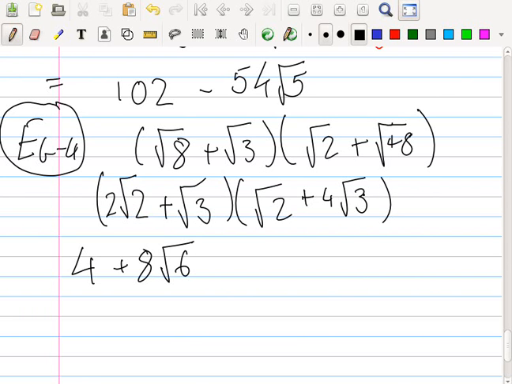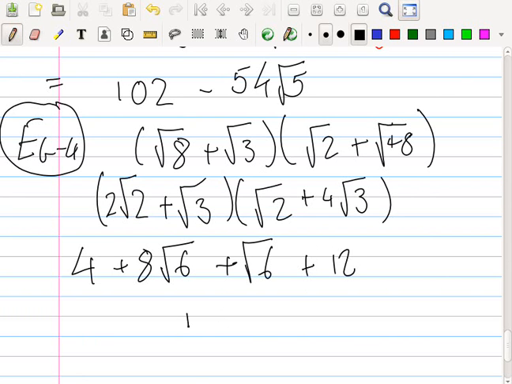You see? If this was a 2 and a 2, then root 2 by root 2 is 2. Alright, root 3 by root 2 is root 6. And then root 3 by 4 root 3? 12. It's 4 by 3.